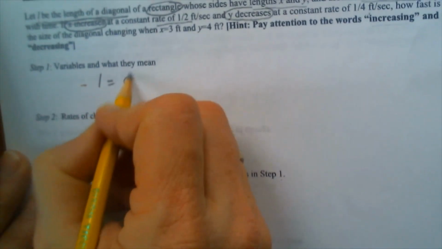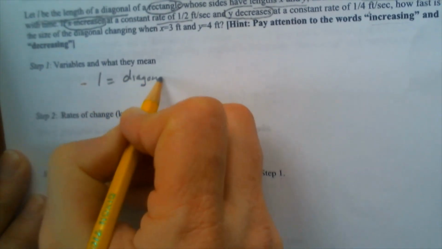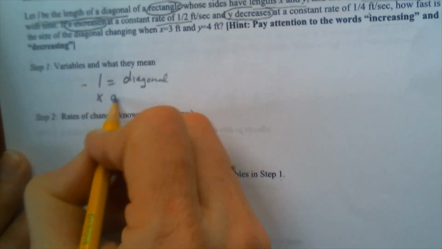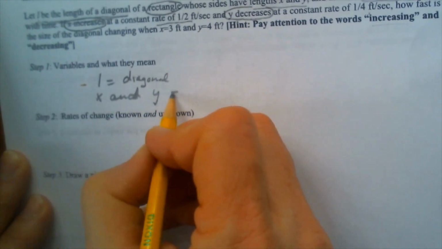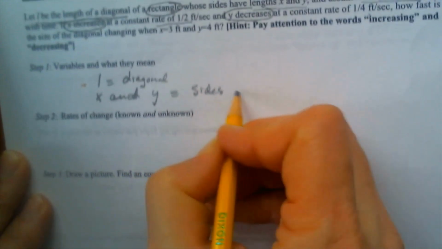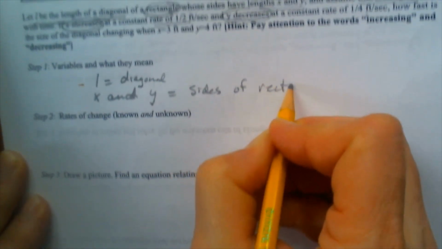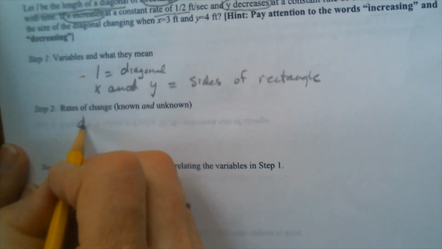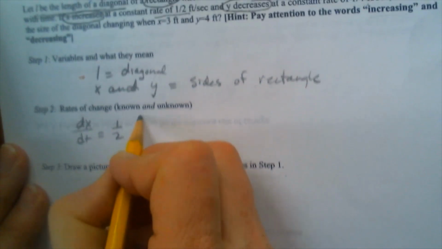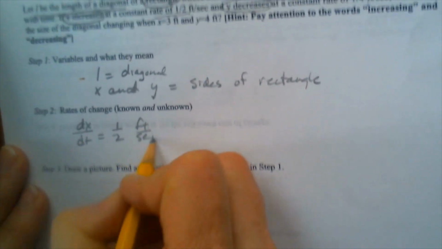So the variables we have is L is equal to the diagonal, x and y equal the sides of the rectangle. And the rates of change, well, we have a dx dt is equal to 1/2 foot per second.